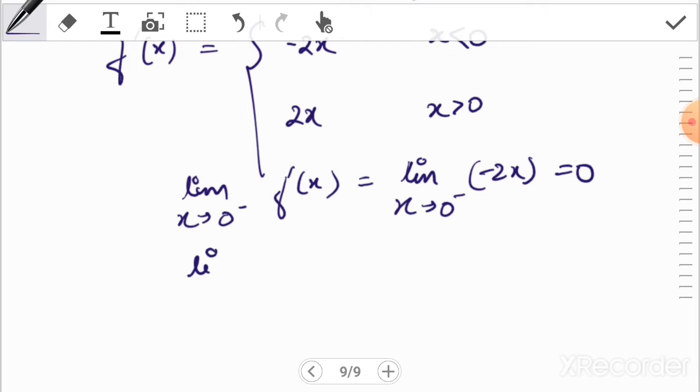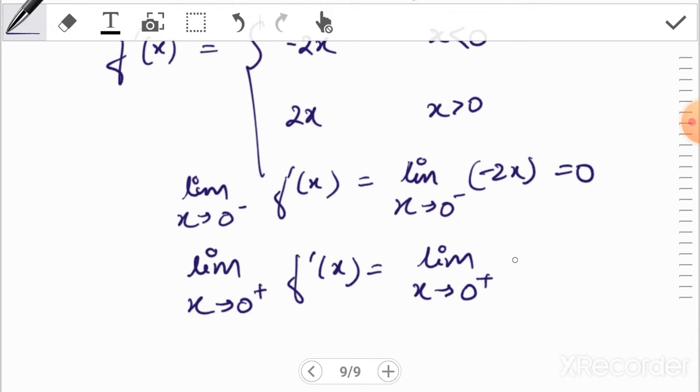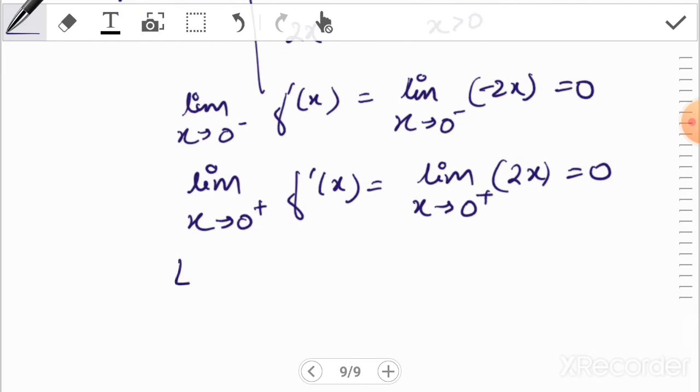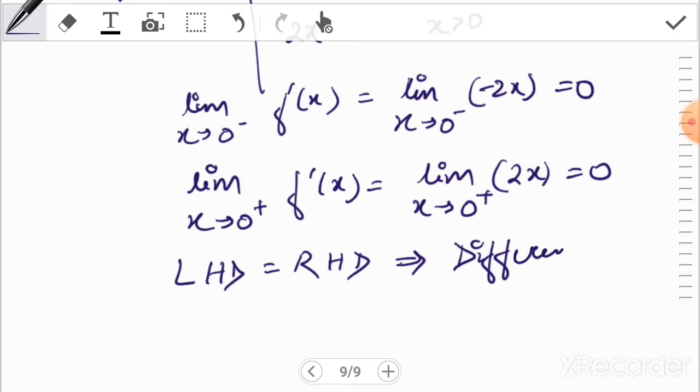Also limit x tends to 0 plus f dash x is limit x tends to 0 plus 2x, which is again 0. Okay, so left hand differentiability is equal to right hand differentiability. That means the function is differentiable at x is equal to 0.